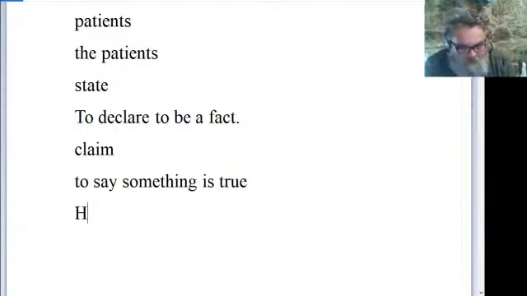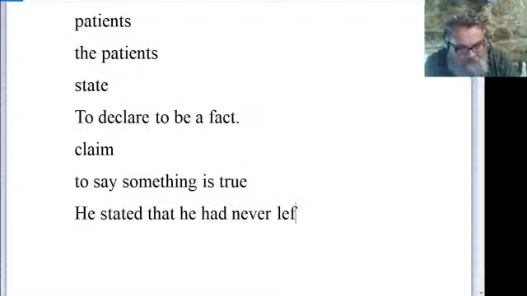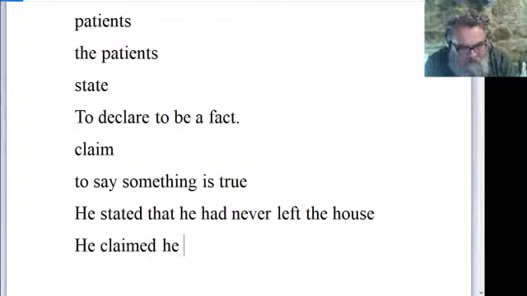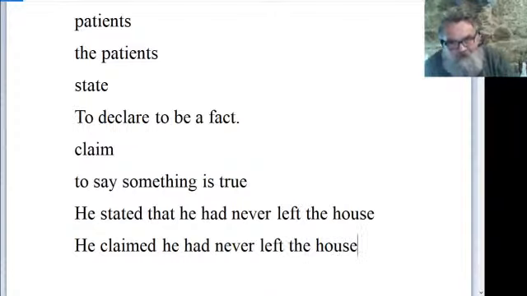So, for example, he stated that he had never left the house. Yeah, and then I could also say he claimed he had never left the house. Okay, so he stated, he says this is true. Yeah?